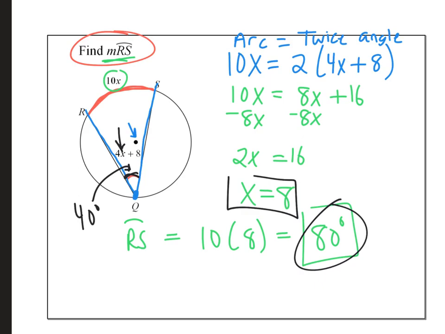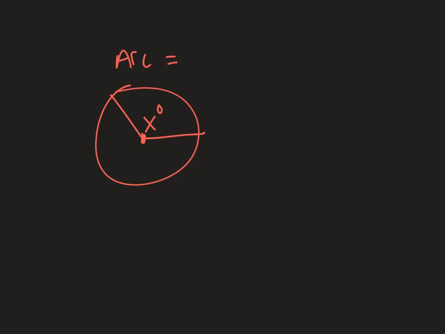So just one last time, just to make sure we're visualizing everything clearly. The difference again is the previous section. You would have a central angle, and in that case, the arc equals the measure of the angle. So the measure of the arc equals the measure of the angle.